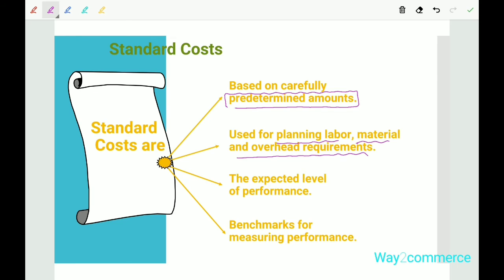Based upon that, standard cost is estimated. Next, the expected level of performance. How much capacity of machineries we have, etc. Next, benchmarks for measuring performance. Certain benchmarks are used for measuring performance. These are the standard cost.